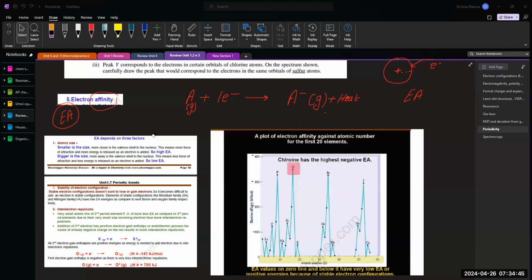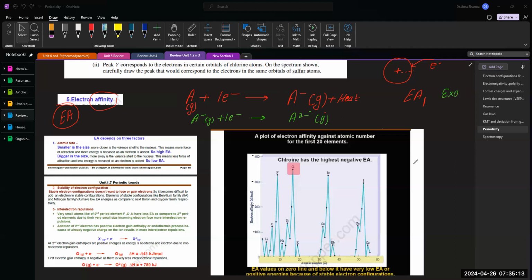This is first electron affinity. Can I say EA1, first? Now I'm talking about second electron affinity. A minus gaining another electron, giving you A2 minus. Only first electron affinity is exothermic.